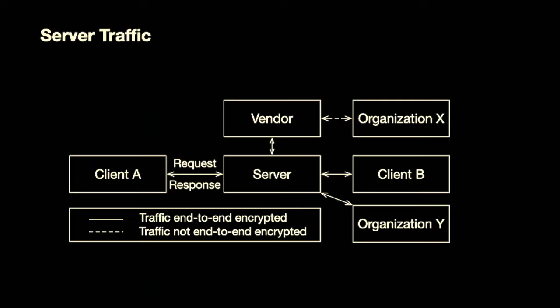This figure shows an overview of WhatsApp server traffic to help understand how FOSTA works. Traffic is bidirectional between client and server. And these connections can be end-to-end encrypted or not end-to-end encrypted when routed through a vendor. A client may establish an end-to-end encrypted connection with client B or an organization, and the organization may programmatically send or receive messages via server-exposed APIs.